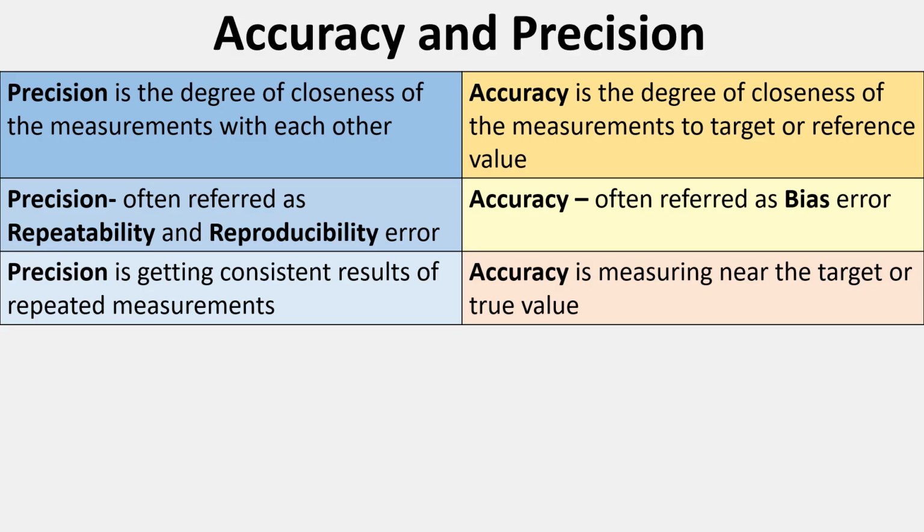But accuracy is the degree of closeness of the measurements to the target. Precision is often referred to as repeatability and reproducibility error, but accuracy is often referred to as bias error. Moreover, precision is getting consistent results from repeated measurements, and accuracy is measuring near the target or the true value.